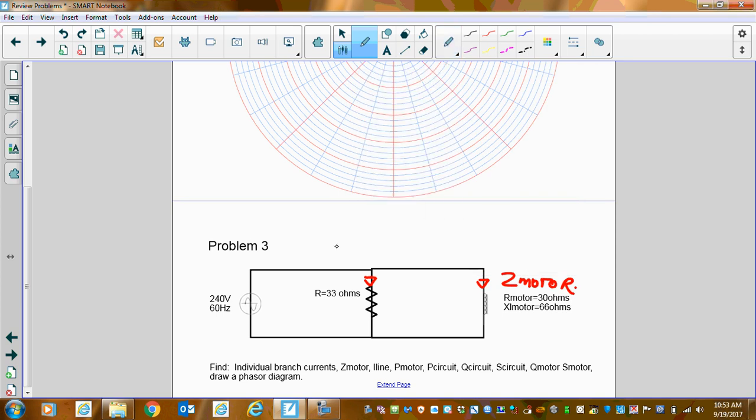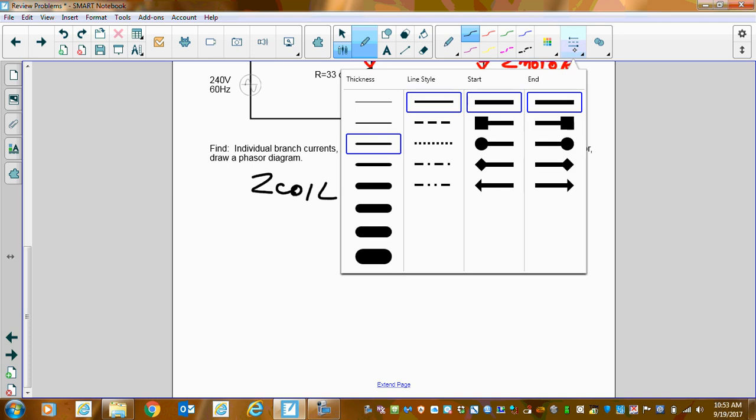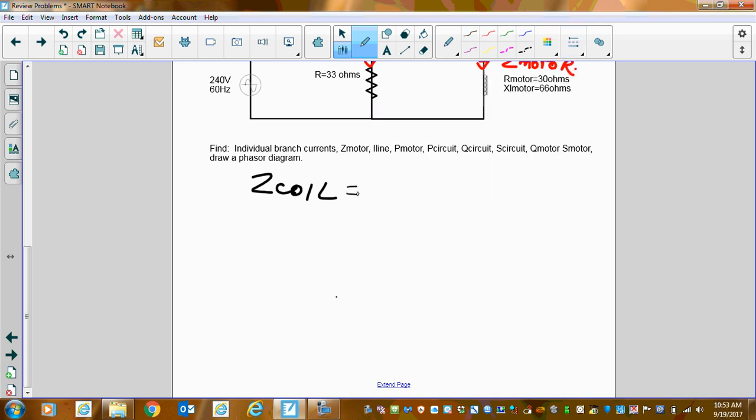So what we're going to do then is we're going to start by extending the page here. We're going to complete a triangle, an impedance triangle of the coil. So we're going to go Z coil. Now, Z coil, we already know XL, so that's already been calculated.